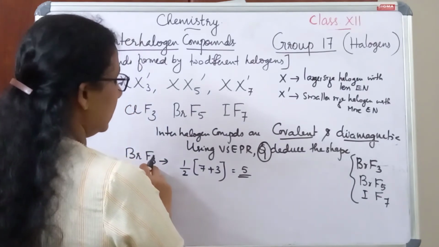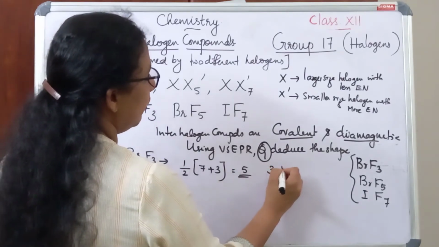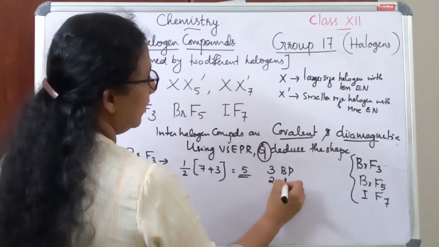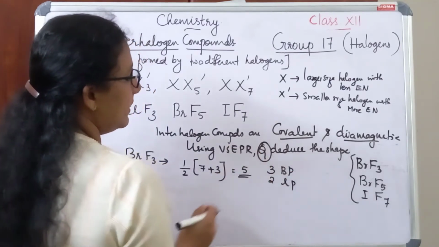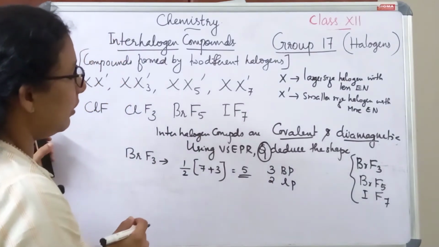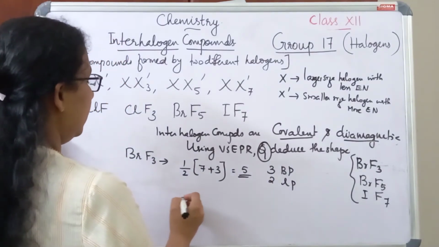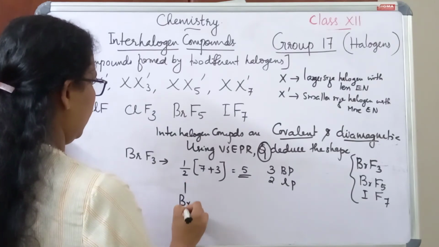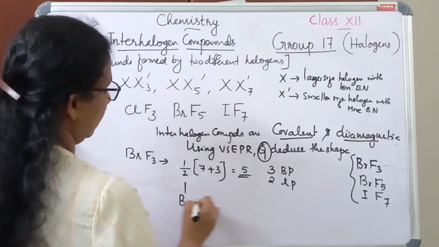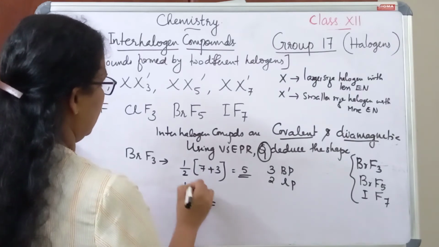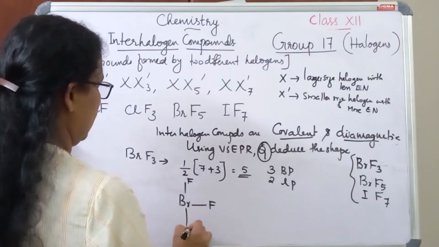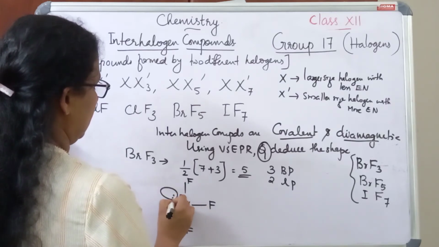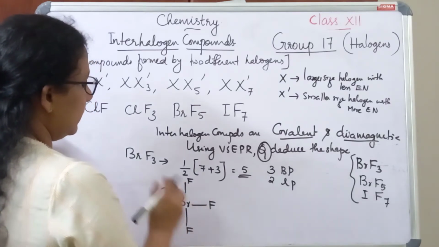Since three atoms are attached, there will be three bond pairs and the rest two will be lone pairs. So three bond pairs and two lone pairs. So the shape of the molecule will be this.